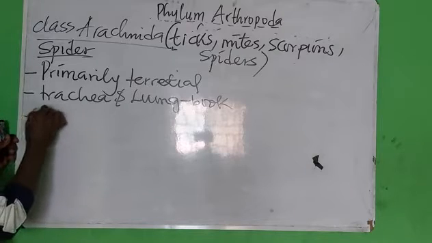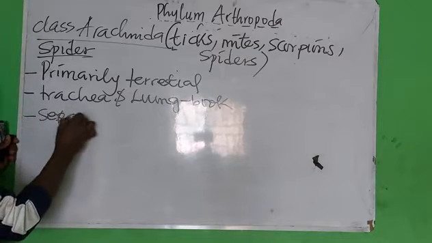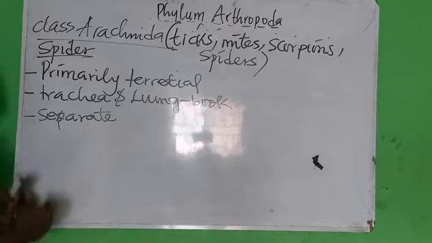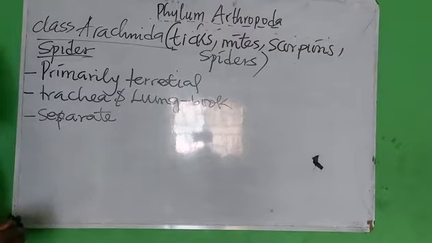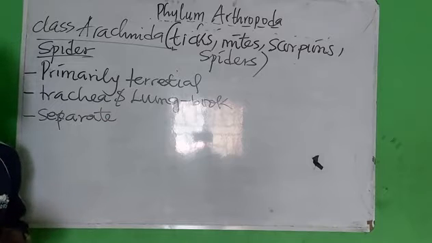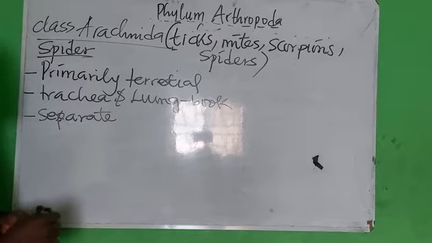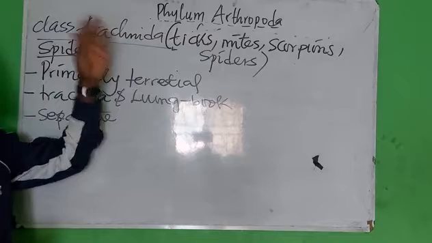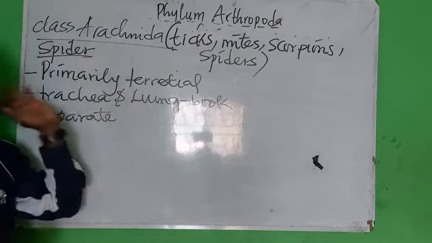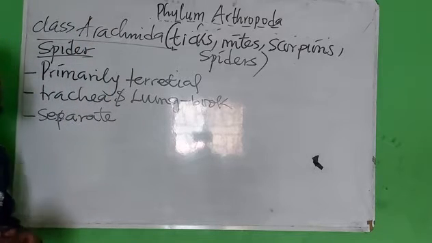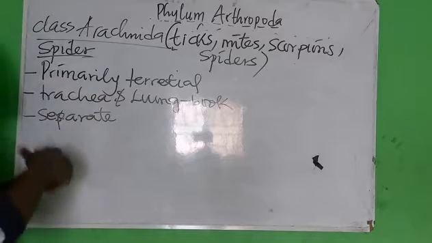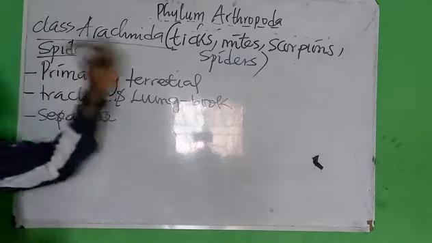Respiration. And these organisms have separate sexes. It means that they are what? Dioecious. And fertilization is internal. I've given examples of arachnids: ticks, mites, scorpions, and what? Spiders. Now, these are the general features of class Arachnida.